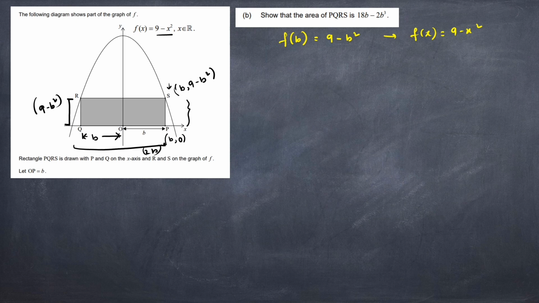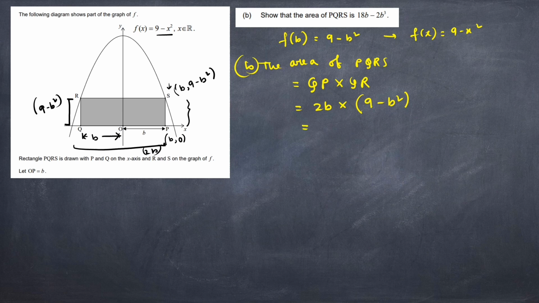So now we will find the area. The area of PQRS is equal to QP into QR. QP, as you can see, is 2b, into QR, which we have deduced to be 9 minus b squared.